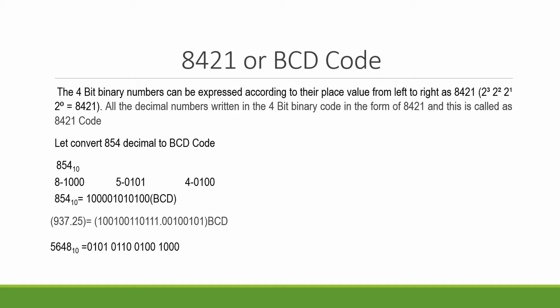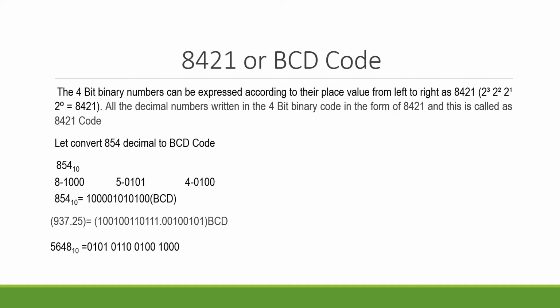And we require a 4-bit number. So that's why it is called 8421 BCD code. All the decimal numbers written in the 4-bit binary code are in the form of 8421, and this is called the 8421 code.